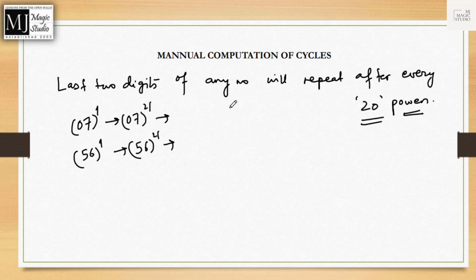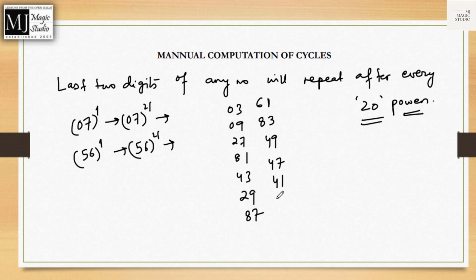We can check for 3 even, like 03, then 09, 27, 81, then into 3, 43, 29, 87, then into 3 will give 61, then 83, 49, 47, 41, 23, 69, 07, 21, 63, 89, 67, 01, bingo.